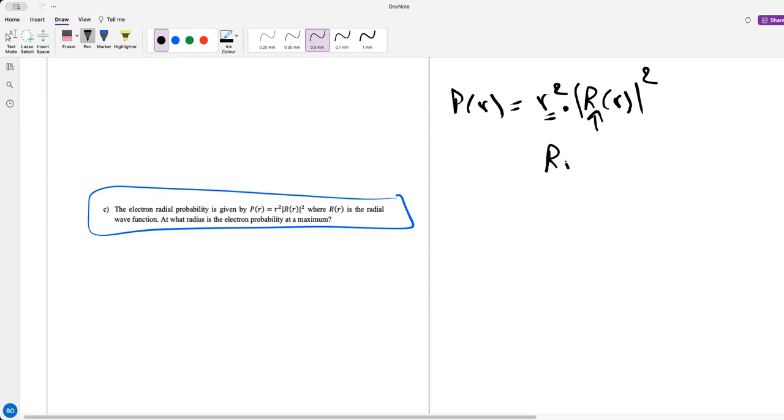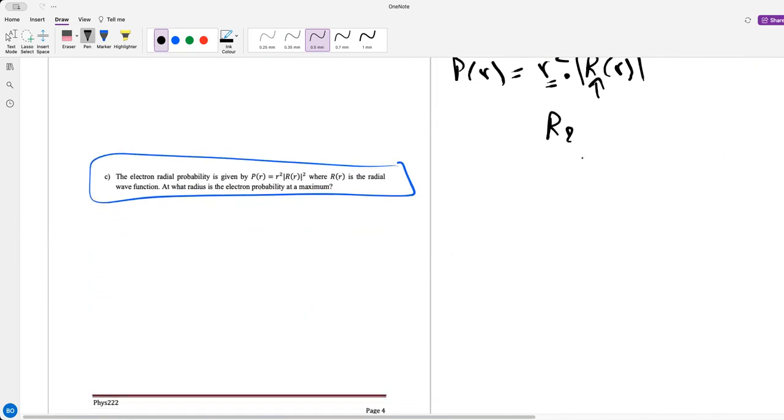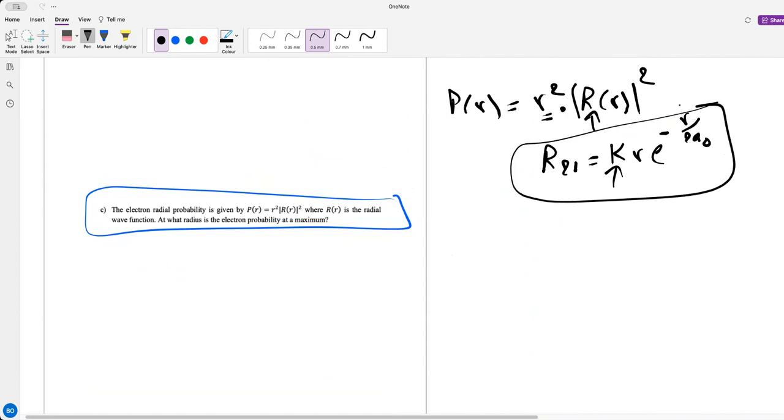This one that we used, I think we used R21, right? Yes, in this case it was R21, and R21 is K r exponential minus r over 2 a0, with K, as I mentioned, a constant.